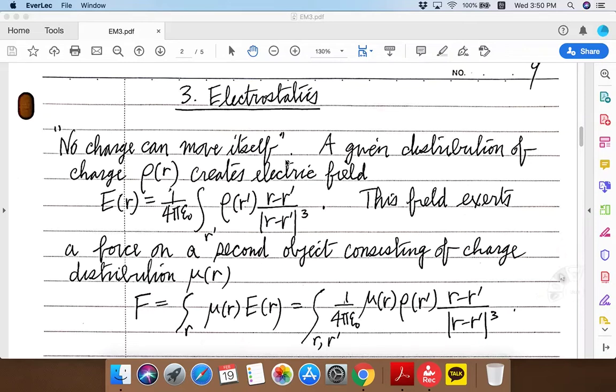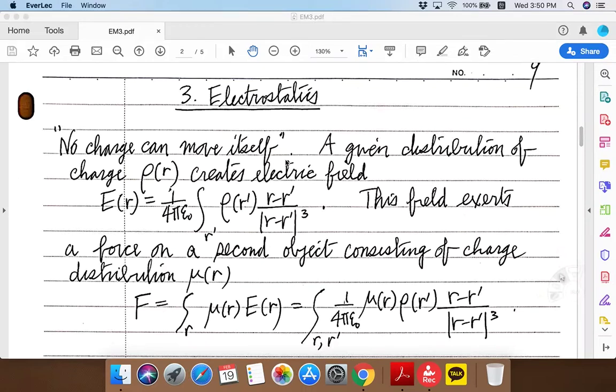So you may very well imagine that a charge can exert a force on itself, because charge is both the source of electric field, but also it is the recipient of the electric force. But here the statement is that such a thing can never happen, and there's no charge that can put a force on itself and move spontaneously.